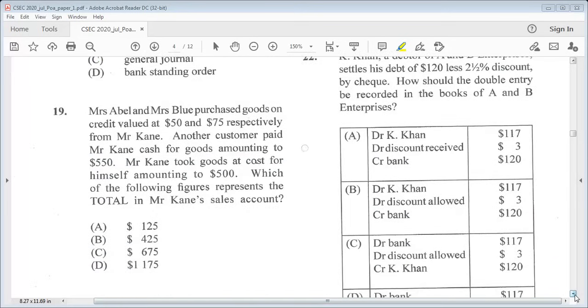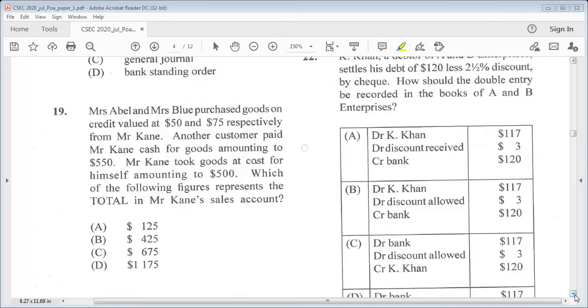It says, Mrs. Abel and Mrs. Blue purchased goods on credit valued at $50 and $75 respectively from Mr. Kane. Another customer paid Mr. Kane cash for goods amounting to $550. Mr. Kane took goods at cost for himself amounting to $500. Which of the following figures represents the total in Mr. Kane's sales account?